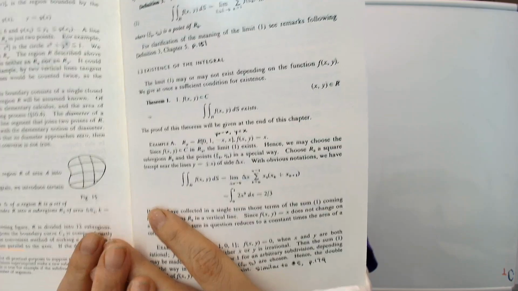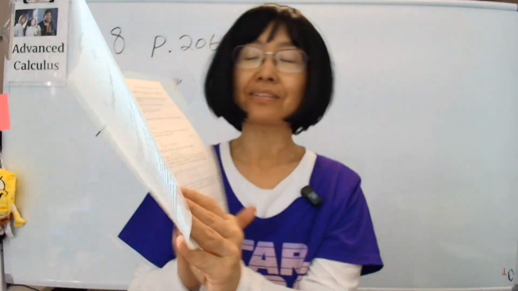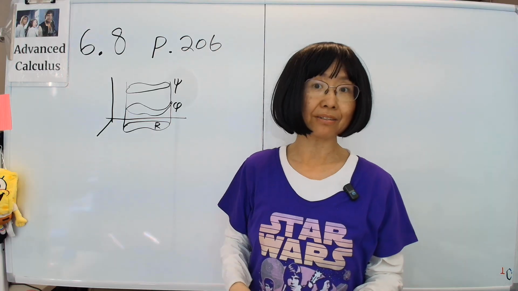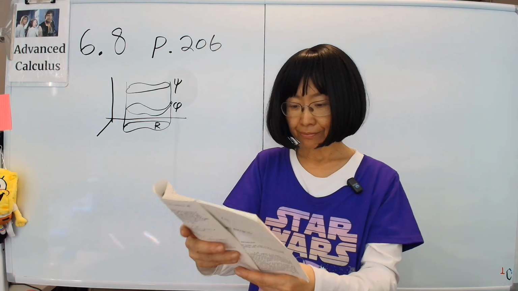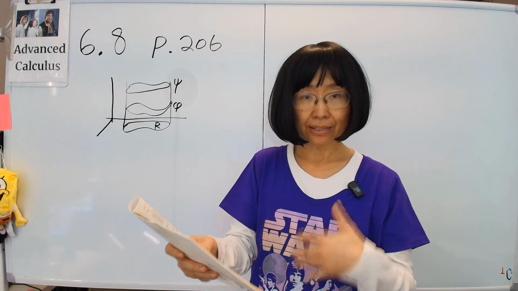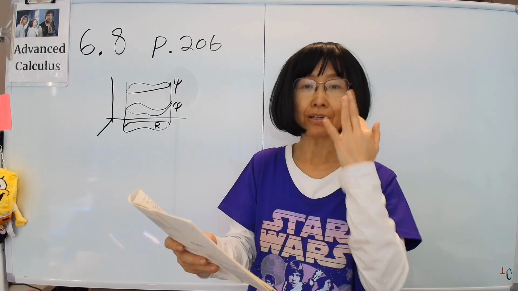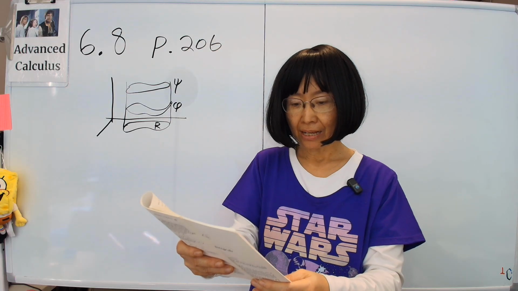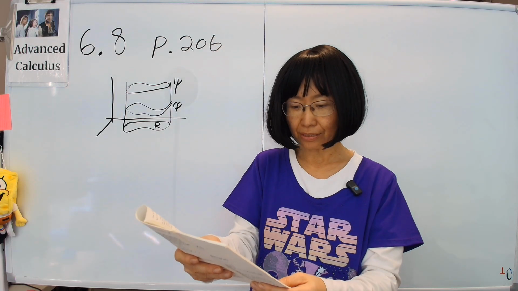At least I think it's closed. But anyway, that's just theorem 1, and a similar one, except that now it's in 3D. So if f is continuous in the volume, before it was in the region, now we're in the entire volume, then the triple integral does exist.